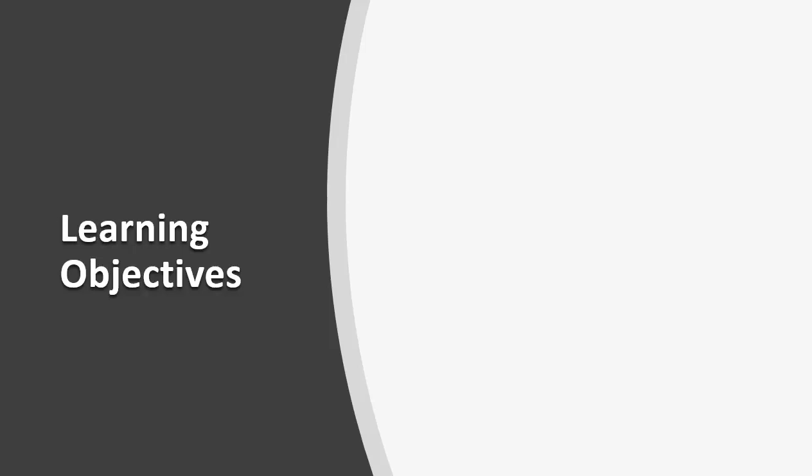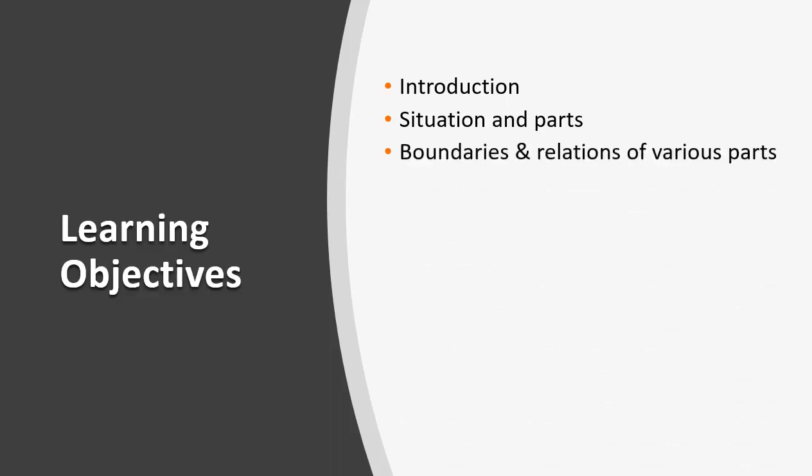The learning objectives for today, with respect to the lateral ventricle, will be a short introduction, followed by the situation and its parts, mainly the various parts of the lateral ventricle, then the boundaries and relations of the various parts, and then the choroid plexus.